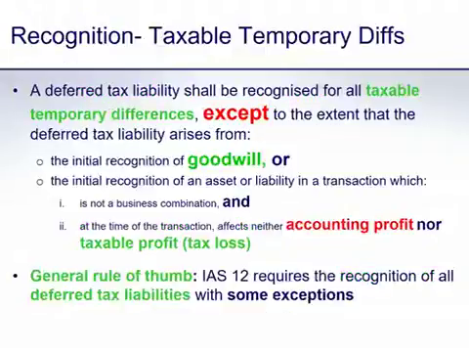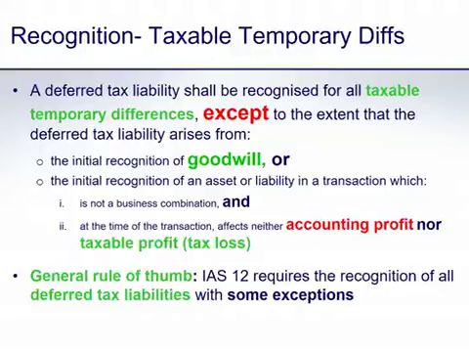We've already seen that a taxable temporary difference refers to a situation where the entity has a higher tax liability in future periods as a result of the recovery of the assets and liabilities that it presently has on its balance sheet. And IAS 12 requires all taxable temporary differences to be recognized as deferred tax liabilities, with certain exceptions.